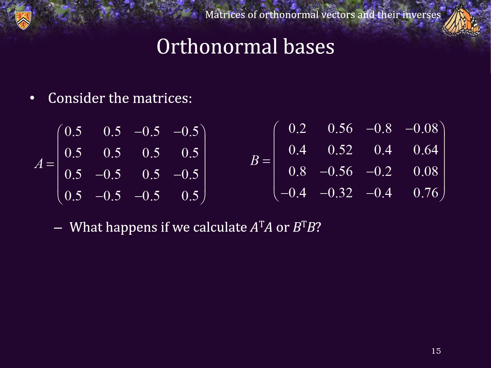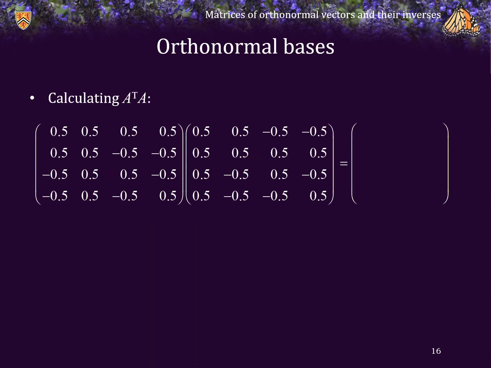Let us multiply the matrix A on the left by the transpose of A, and then we'll try again with the matrix B. So let's calculate A transpose times A. On the left we have A transpose, on the right we have A. On the right we have 4 orthonormal vectors forming the columns of A. On the left we have those same 4 orthonormal vectors, but now they are forming the rows of A transpose.